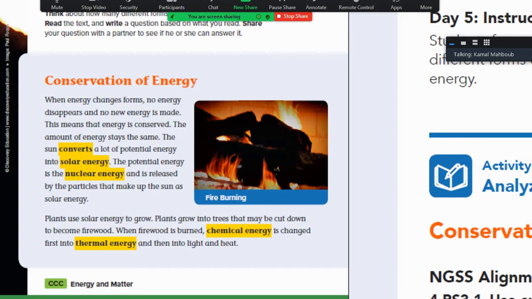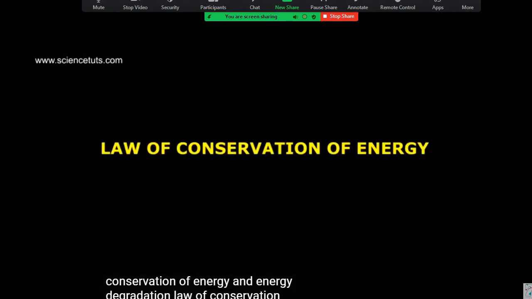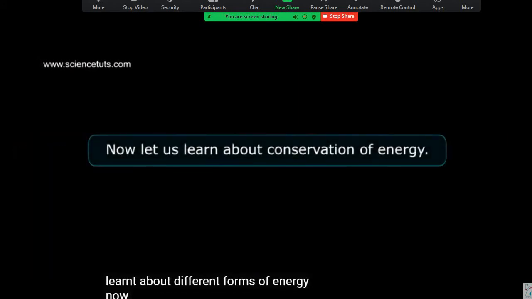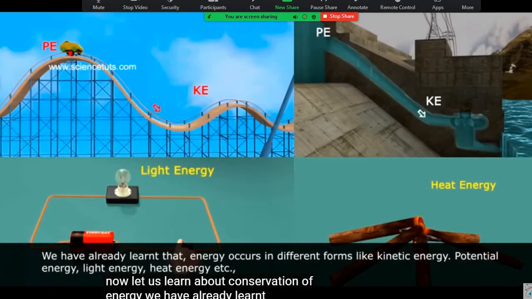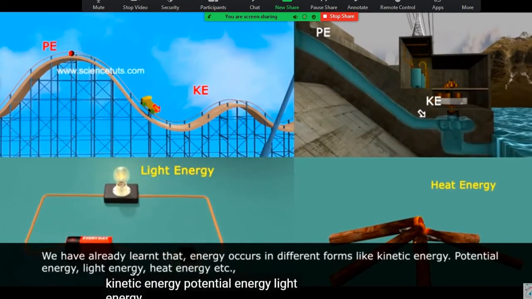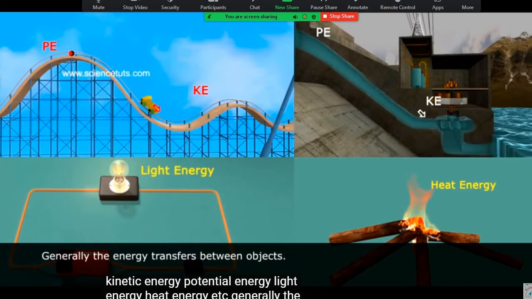Okay, let's take a new lesson for today: conservation of energy and energy degradation. Law of conservation of energy. In our earlier session, we have learnt about different forms of energy. Now, let us learn about conservation of energy. We have already learnt that energy occurs in different forms, like kinetic energy, potential energy, light energy, heat energy, etc. Generally, the energy transfers between objects.